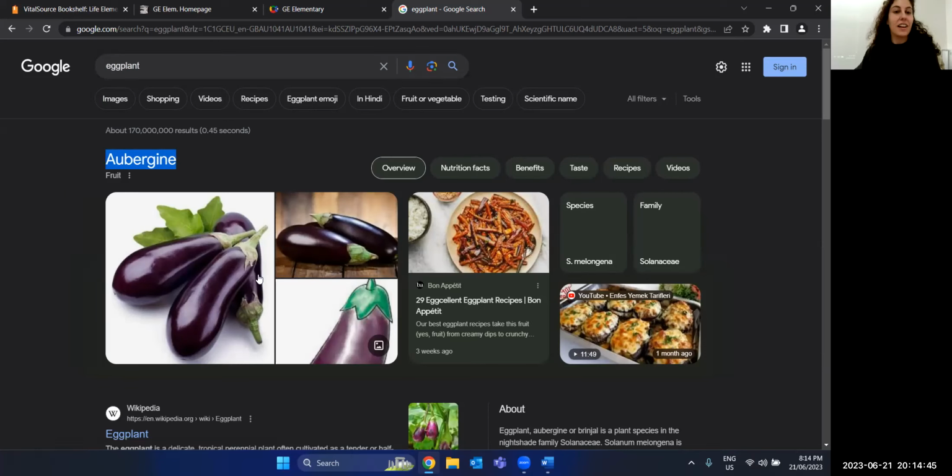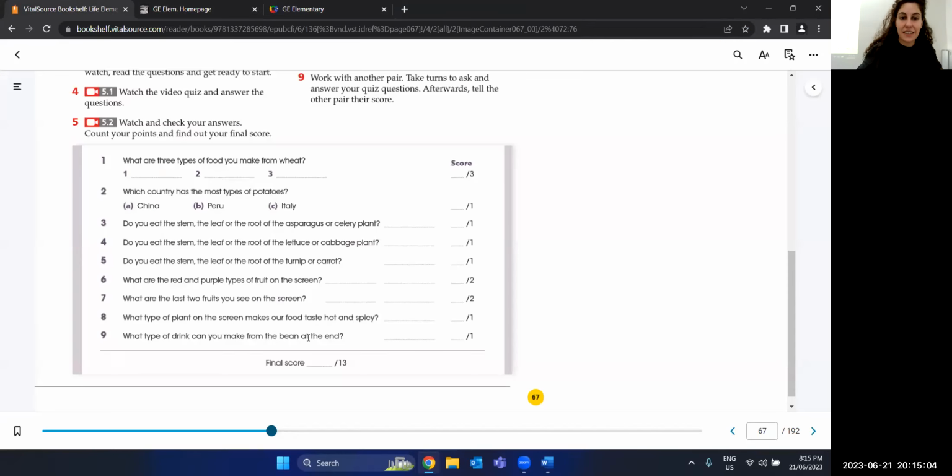But funnily, in Australia, we actually use the American English. We say eggplant. It's more common to say eggplant. Yeah. So that was the purple fruit.